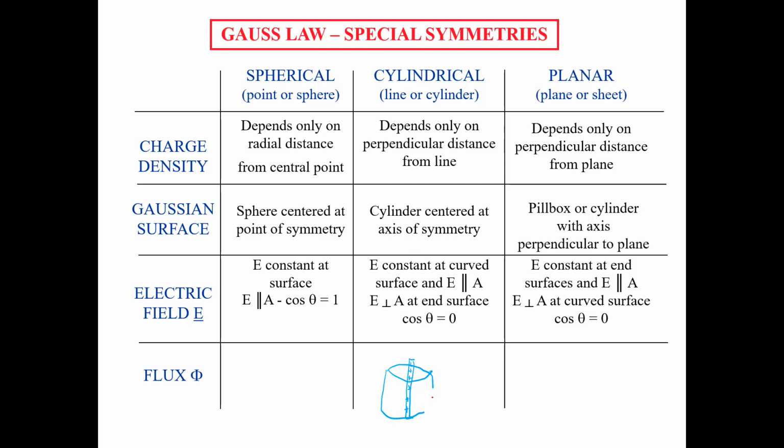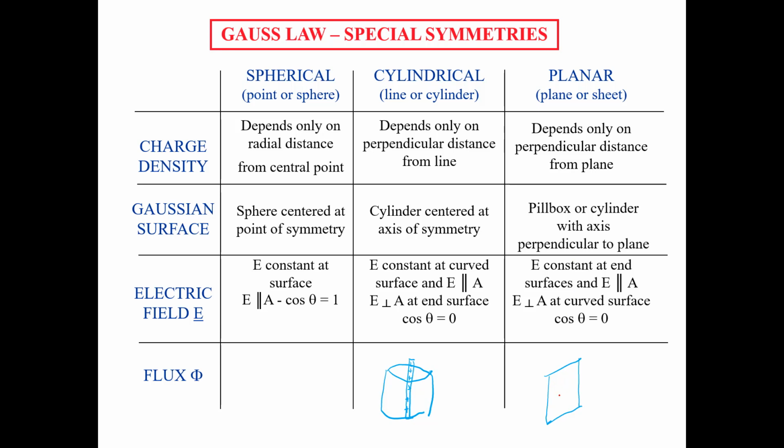Okay? But, if it is like our problem earlier, where it was a sheet, a plane, the axis of the cylinder or the pillbox should be perpendicular to the plane.